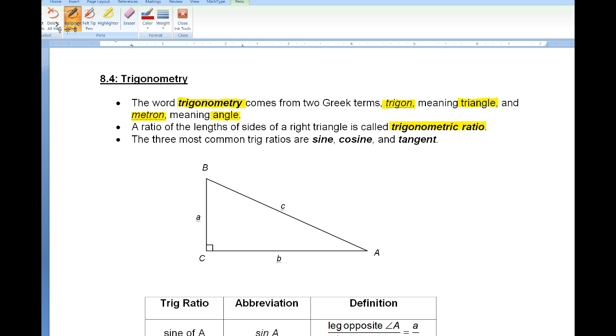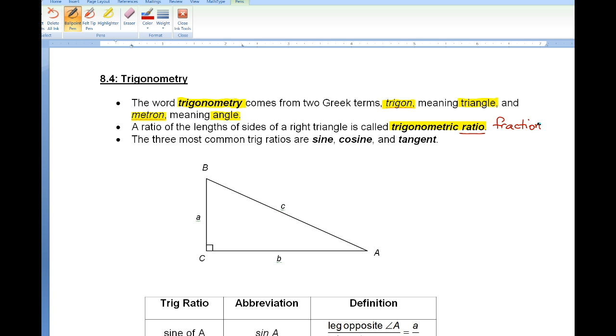So a ratio is something that we learned in chapter 7. It's just a comparison of 2 numbers. It's a fraction. So when we think of ratio, we think of the fraction. And the 3 most common trig ratios, we'll say trig in abbreviated form so we don't always have to say trigonometric.